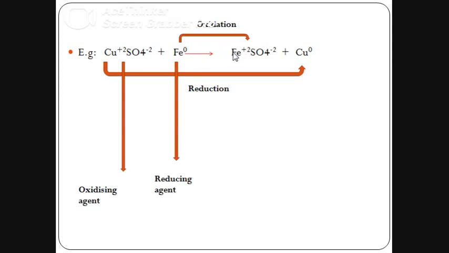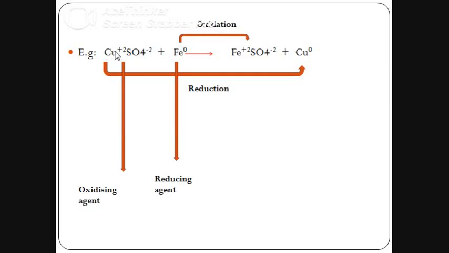But when it forms the compound iron sulfate, it loses its 2 electrons to form Fe+2 or ferrous, and the sulfate gains the 2 electrons and forms a -2 charge over here. So in this case, from 0 to +2 in iron means it involves loss of electrons, and loss of electrons means oxidation.